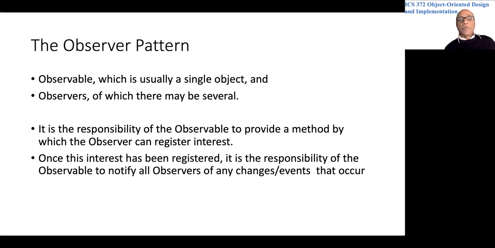There could be multiple observers, and they are responsible for registering interest in the observable for whatever reason. So there should be a method in the observable that observers can call to register interest. And once the observer registers, the observable has a way of going through every observer and informing them of something that happens that might be of interest.